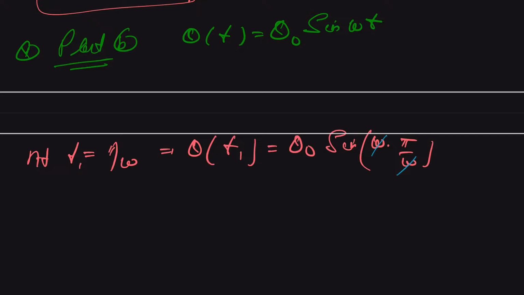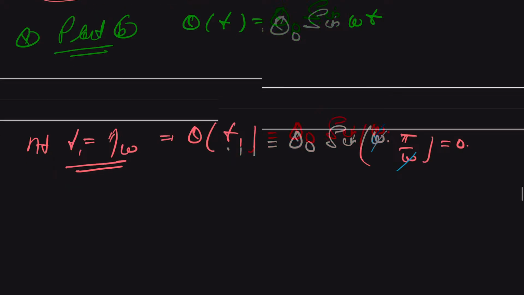Omega cancels out, so sine of pi gives us 0. It means at this particular time, pi by omega, the disk will be going through its equilibrium position. That's why the angle is equal to 0.